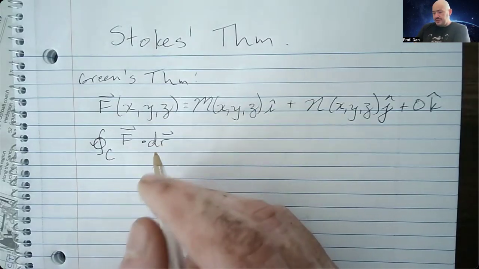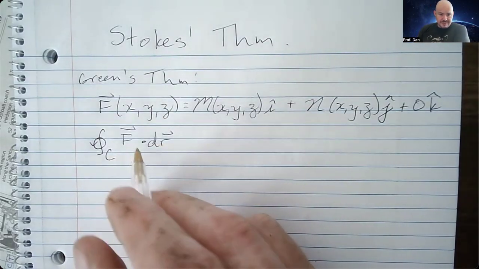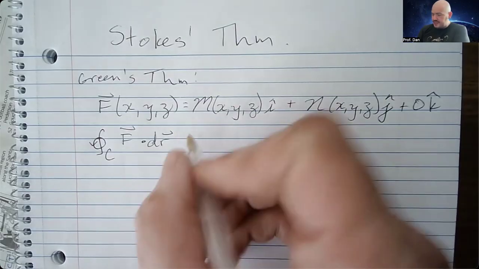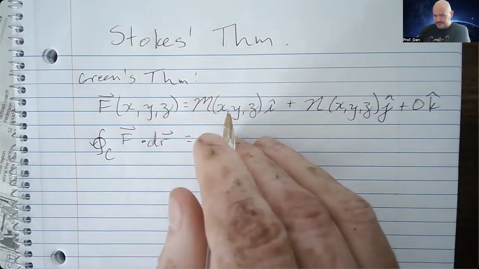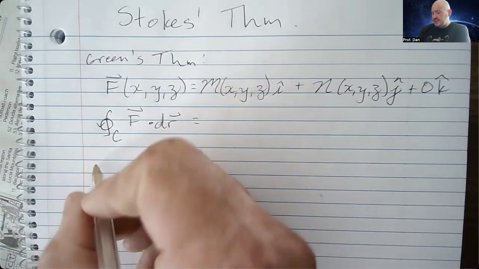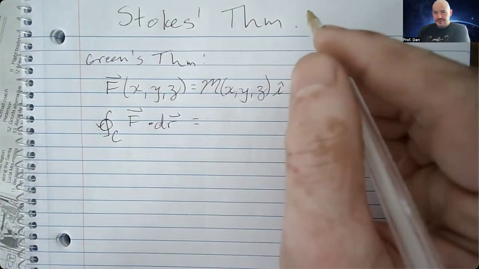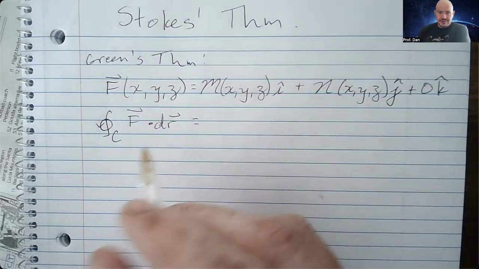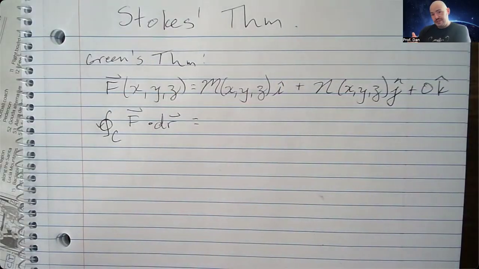So remember, Green's theorem gives us a way to rewrite this as a double integral. Before I get into that, I'm going to take a little bit of a detour. With the divergence theorem, we were able to use the divergence of a vector field to rewrite a surface integral as a triple integral.